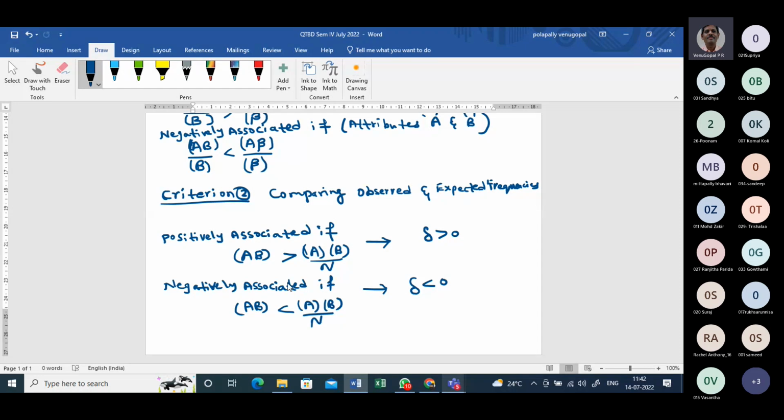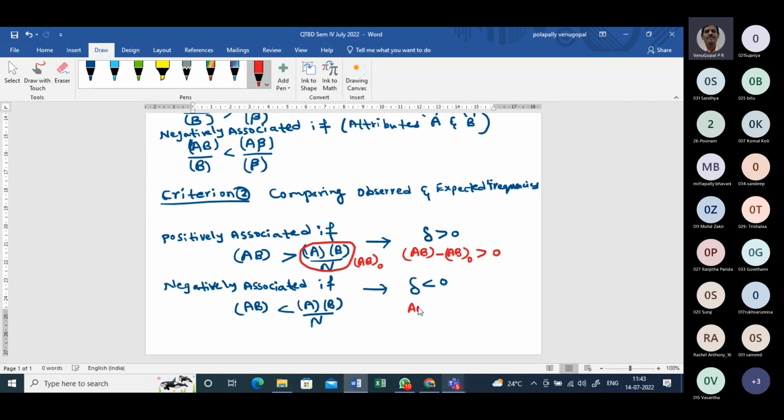What is delta? They call this portion AB naught. So AB minus AB naught is greater than 0. This change is called delta.